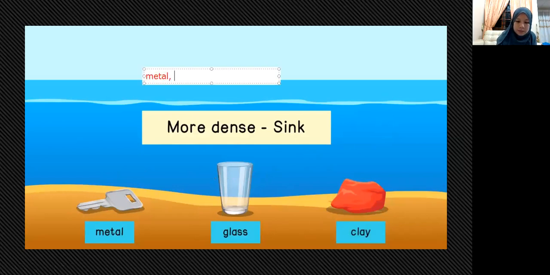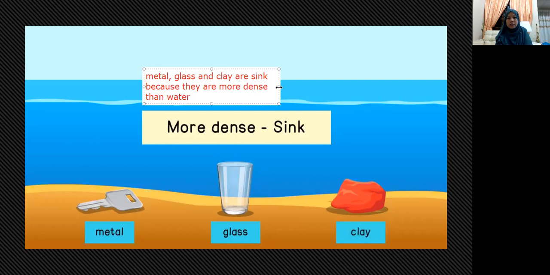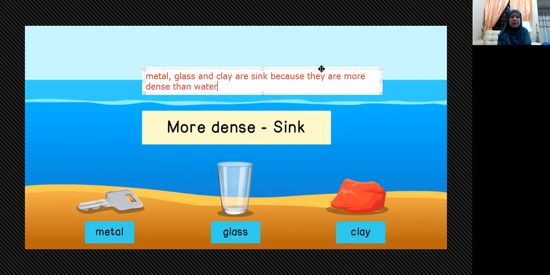Metal, glass and clay sink because they are more dense than water. So remember the keyword, more dense than water. That means the object will sink.